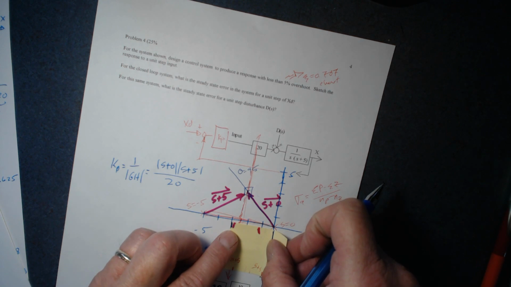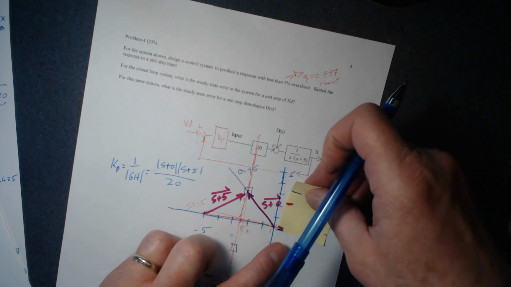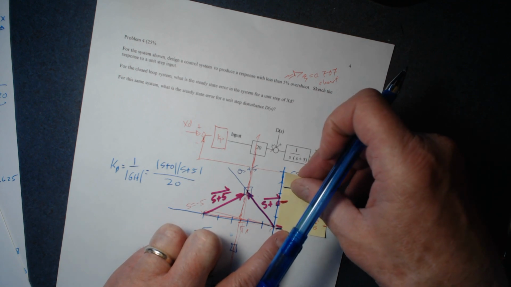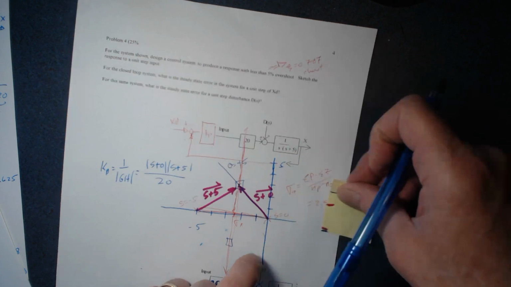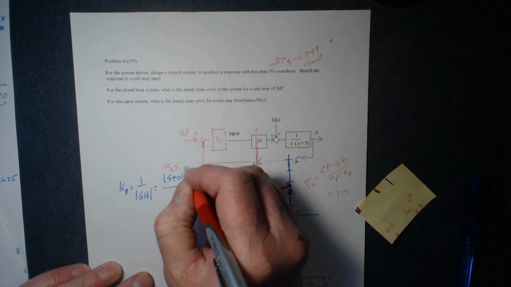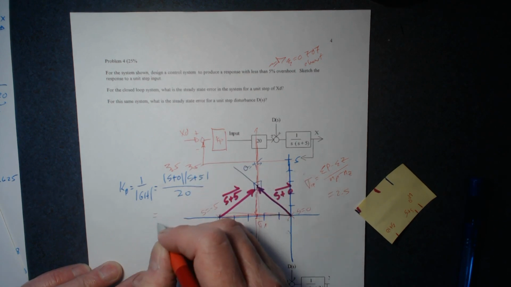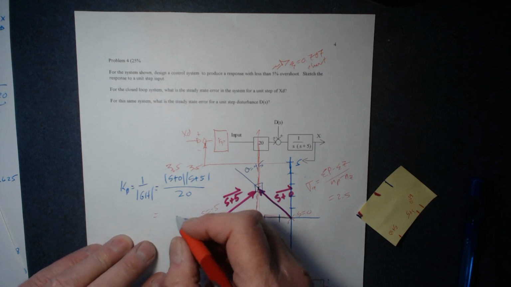This one says 3. I didn't make them exactly square, so I'm still just going to maintain this is still 3.5, 3.5. Still, this is 0.6125.